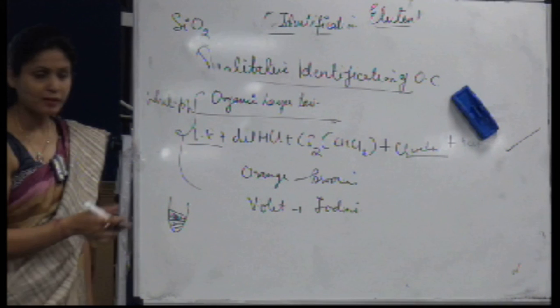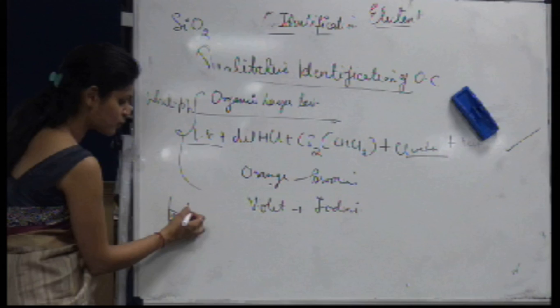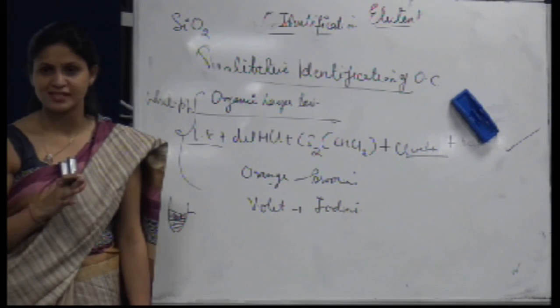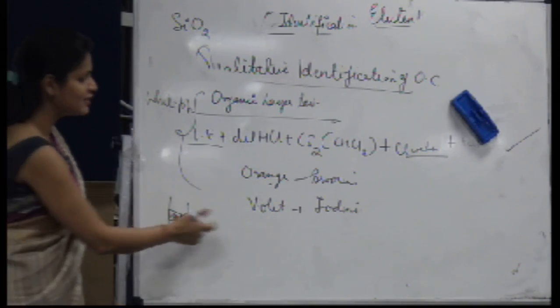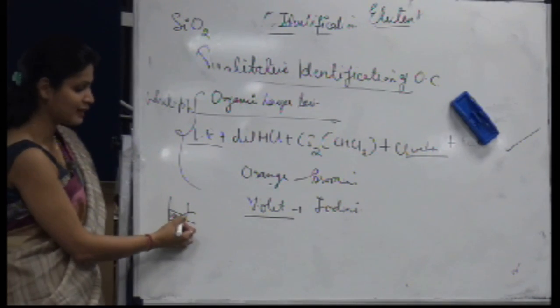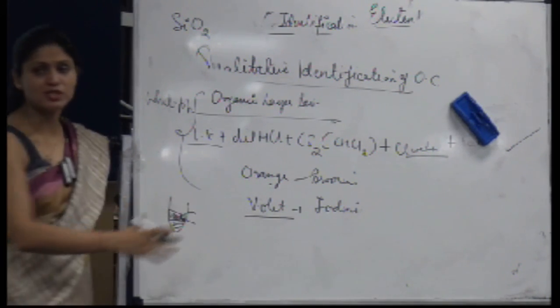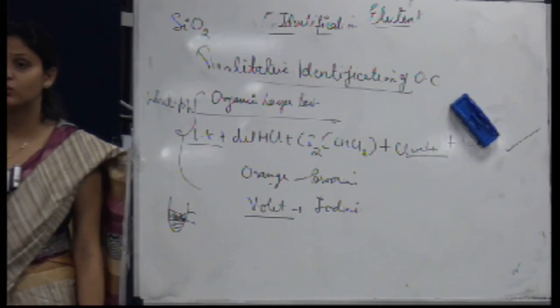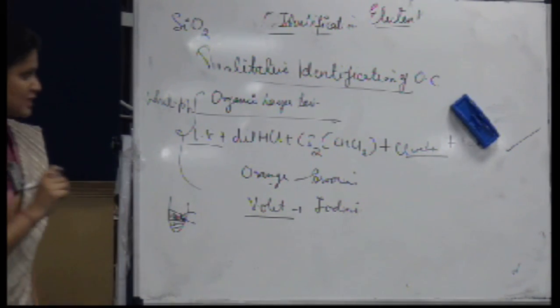You will get a very nice violet color in case of iodine, only if you have performed this test. This test is really interesting. You'll get to see the exact violet color in the organic layer, and if bromine is present, you will observe an orange color in the organic layer, not in the aqueous layer. This is known as layer test.